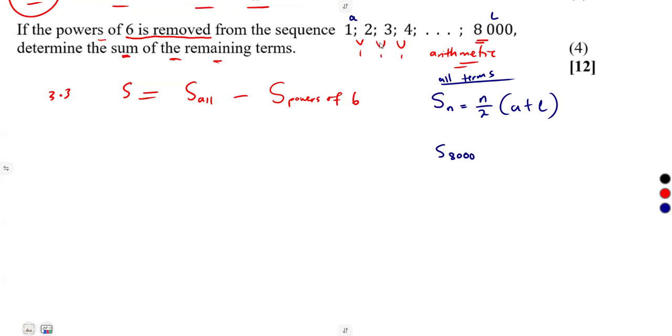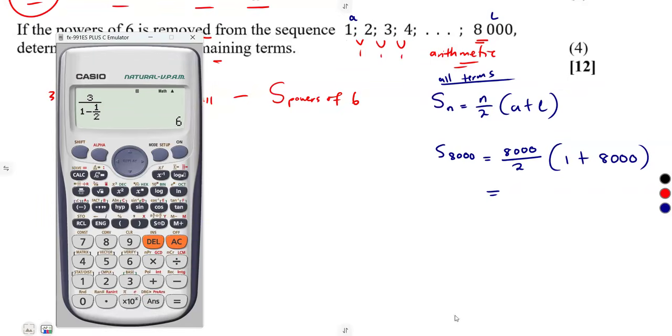There are 8,000 of them. You're counting from 1, guys. There will be 8,000. So that's equal to, our n is 8,000 over 2 into a, that is 1, plus the last one, which is also 8,000. So that was it. Using your calculator here, let us see what you're going to have. 8,000 over 2, into 1 plus 8,000.